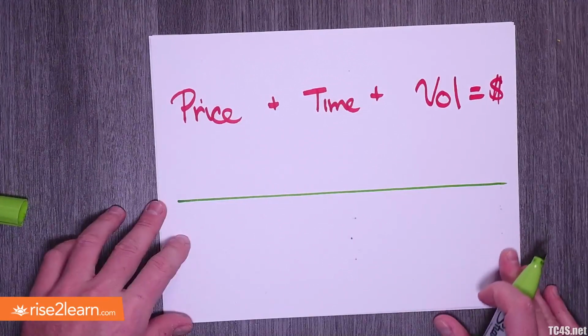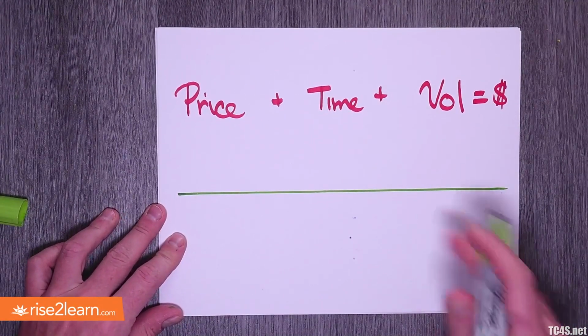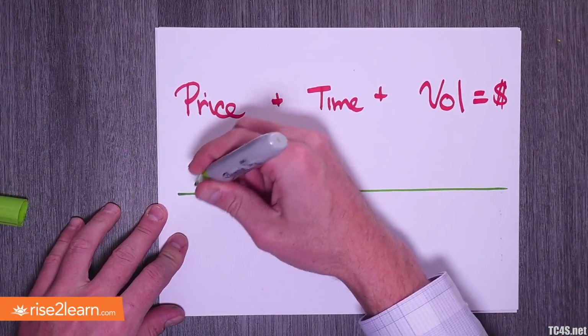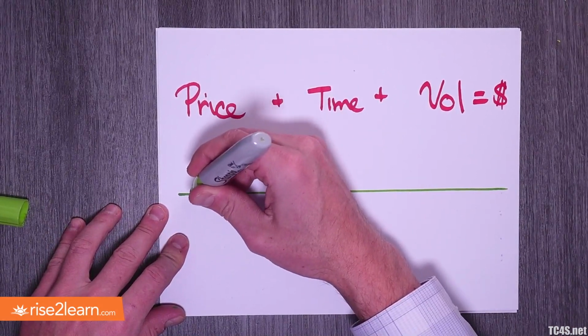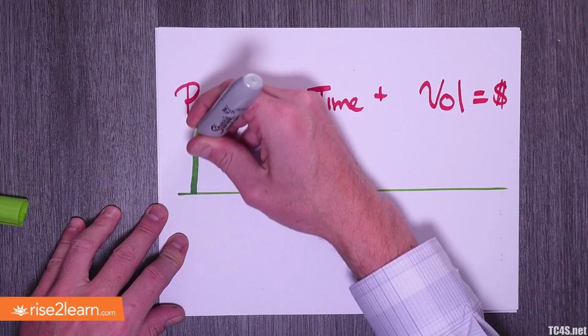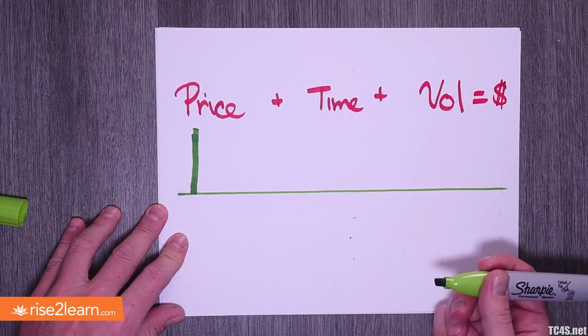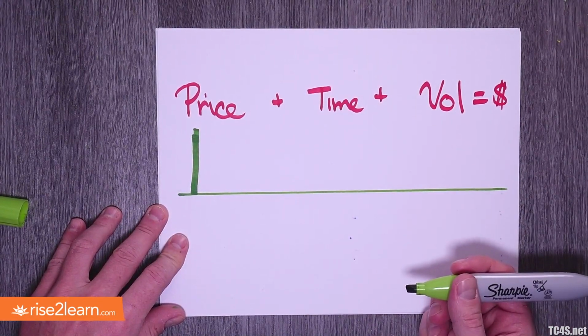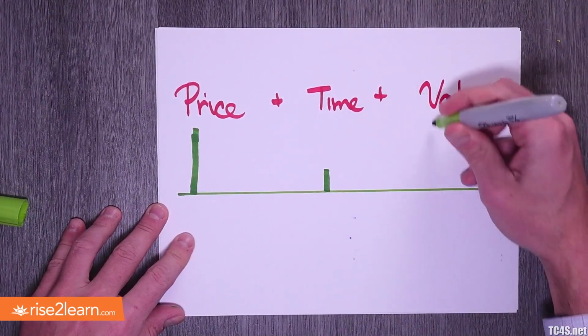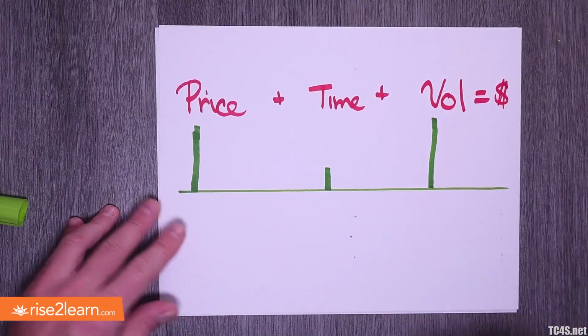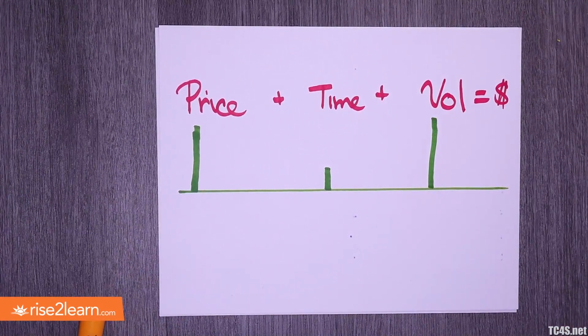Now if I look at the different versions of it, let's say I use green for one variation of a diagonal. Let's say that has a really, really high price or high delta. The theta is kind of weak, and the vega or volatility is kind of high. So that's one version.